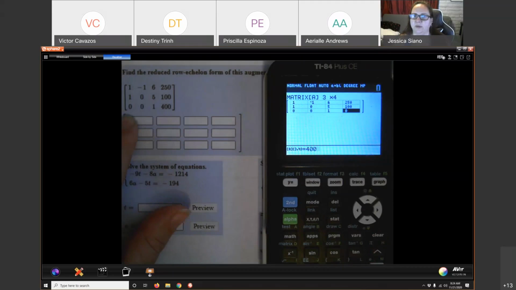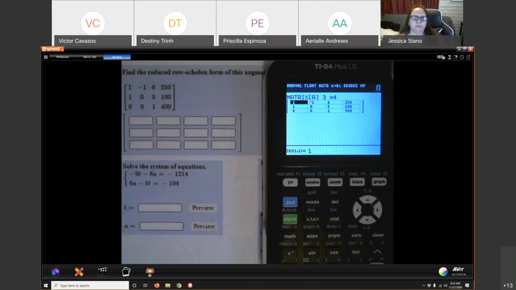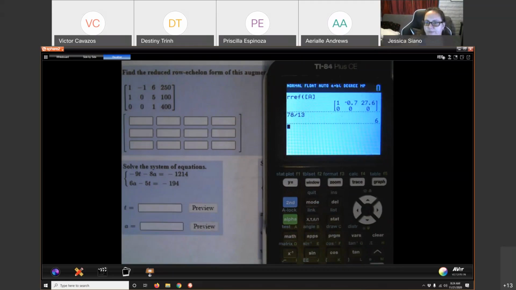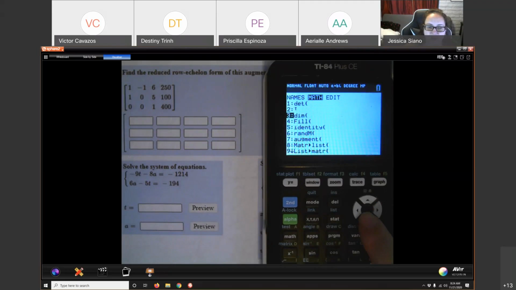That was a good idea to double check. Looks good. Okay, so once you're confident, you can press second and then mode to quit back to the main screen. Then we're going to press second and then matrix. So second and x to the -1 to get matrix. This time we're going to go over to math. Scroll down.